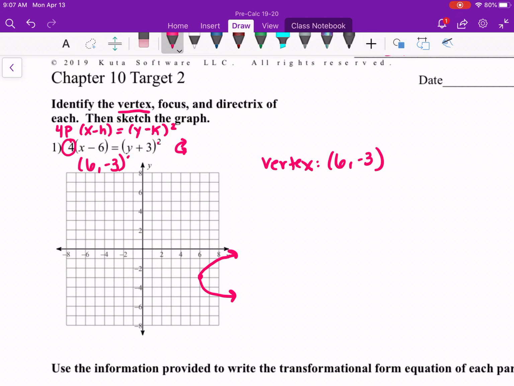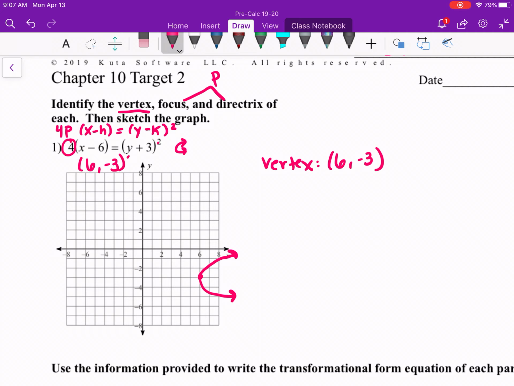So now, our other pieces of our graph: we've got our focus and our directrix. Our focus and our directrix are both based off the variable P. So we know in the equation that there's a magic 4. Don't ask me where the 4 came from. I'm not an old mathematician, so I don't know how they derived this formula, but the 4 exists.